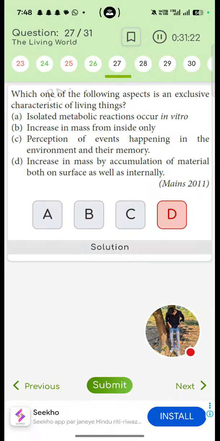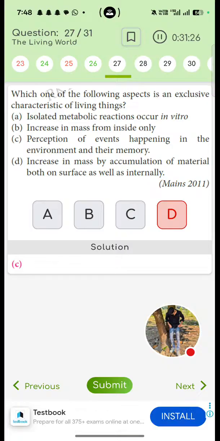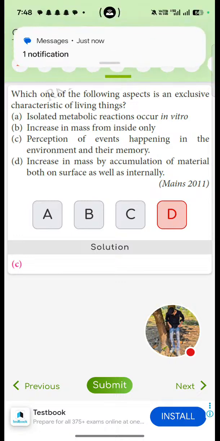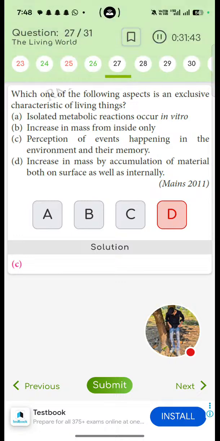Option D, no, C. An exclusive character of living organisms is perception of events happening in the environment and their memory.